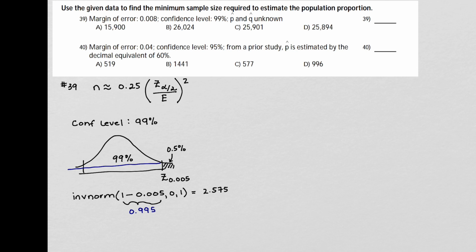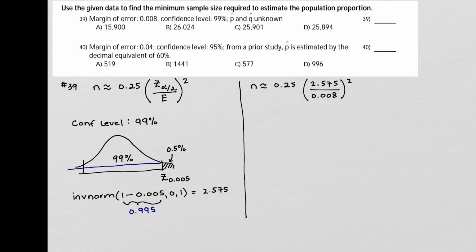So now we're ready to actually use our formula. Our sample size is going to be 0.25 times 2.575. And our margin of error was 0.008.